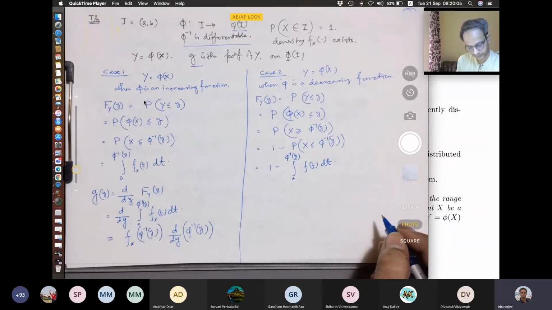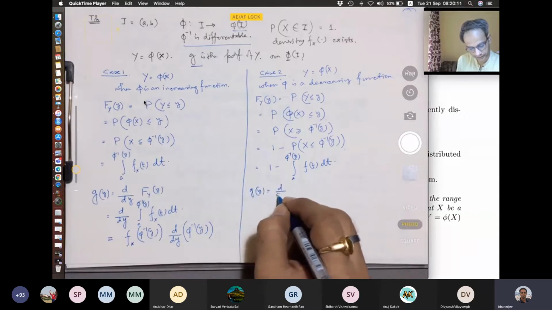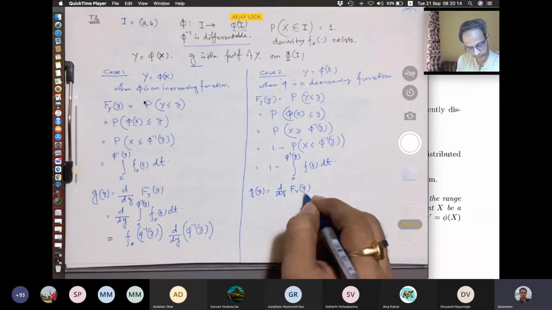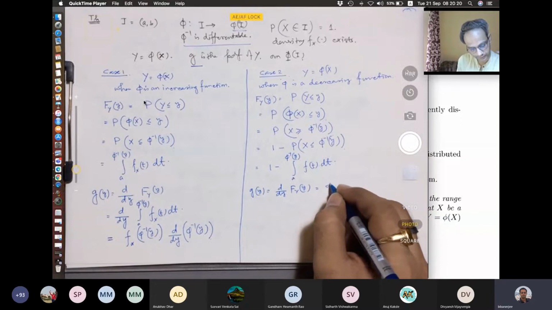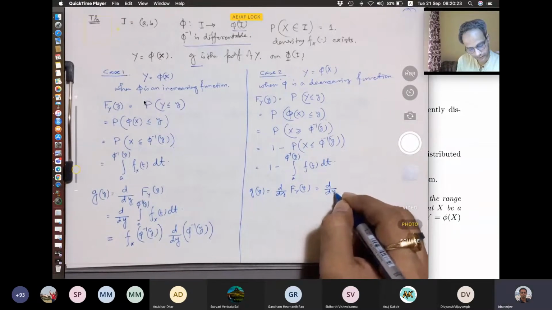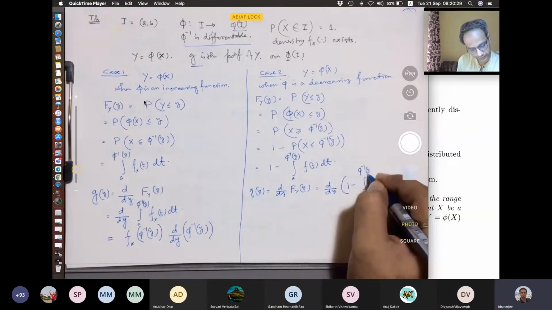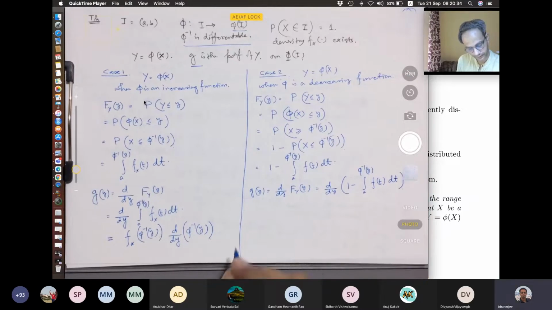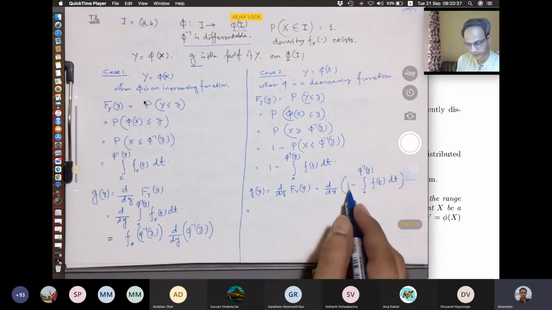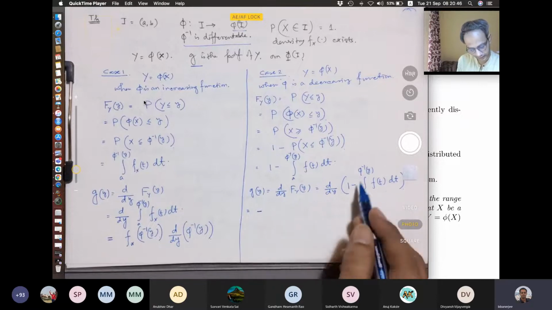Okay, so again routine job. g(y) is d/dy of F_Y(y), which is, now be a little bit careful, d/dy of 1 minus the integral from a to phi inverse y of f(t) dt. If you differentiate 1, it will be 0, no problem. Then it will come with a negative sign.